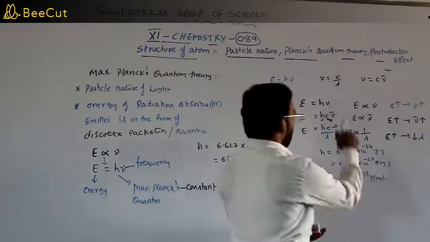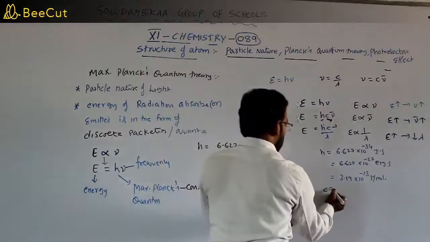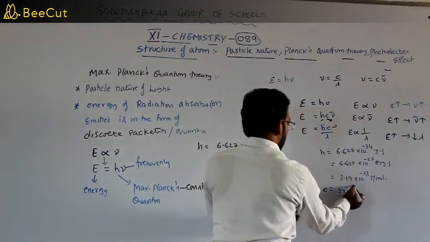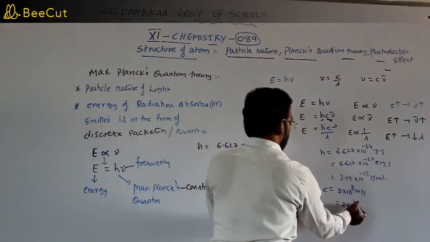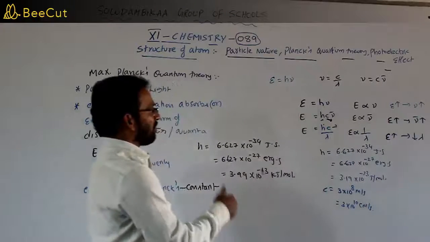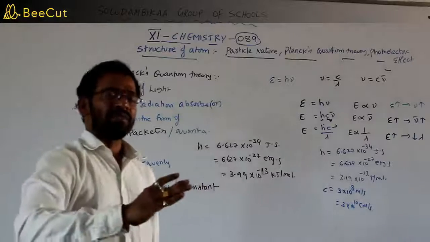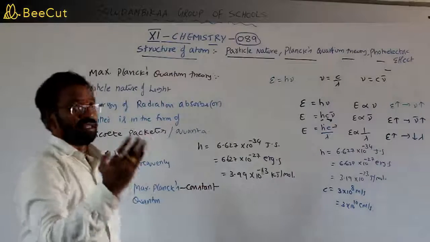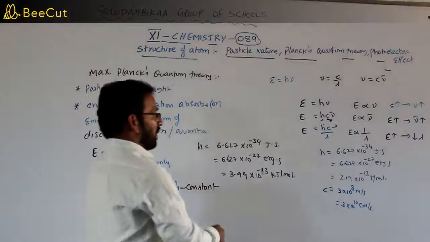We can write all those values and substitute. The value of c is 3 into 10 power 8 meters per second, or 3 into 10 power 10 centimeter per second. So with the help of these relations between energy and wavelength, frequency and wave number, problems can be solved.